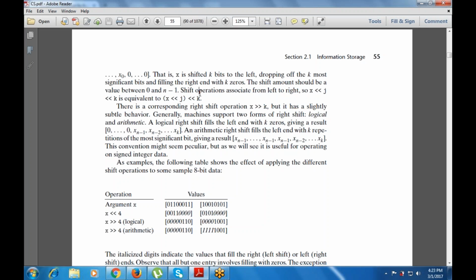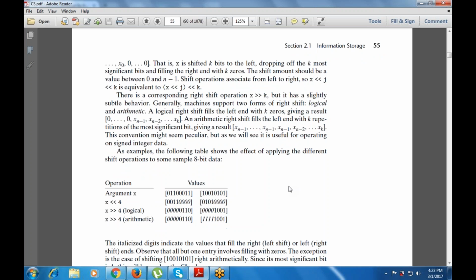Shift operations are used along with logical and arithmetic operators. That means we are using both arithmetic operators as well as logical operators here. When we use an arithmetic right shift, it fills the left end with k repetitions of the most significant bit. Let's see the effect of applying different shift operations to some simple 8-bit data.